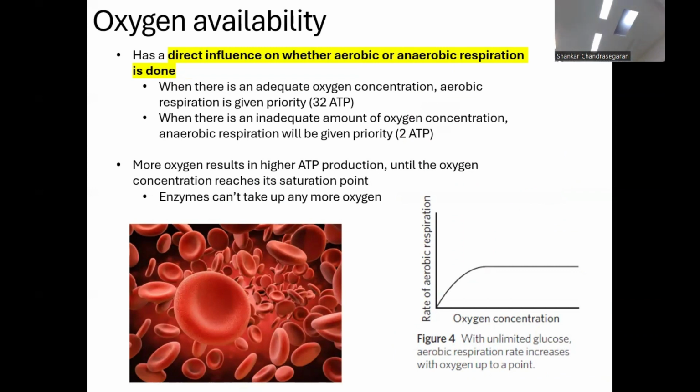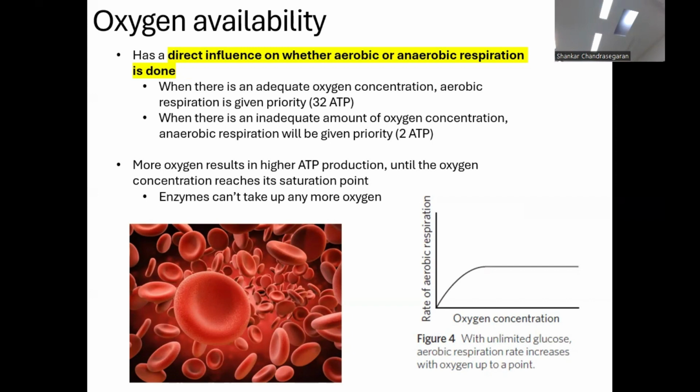Next is oxygen availability. Obviously, this factor plays into whether the cell undertakes aerobic respiration or anaerobic respiration. Essentially, if there is oxygen available, it will do aerobic. If there isn't any oxygen available or a very low amount of oxygen available, it will do anaerobic respiration.